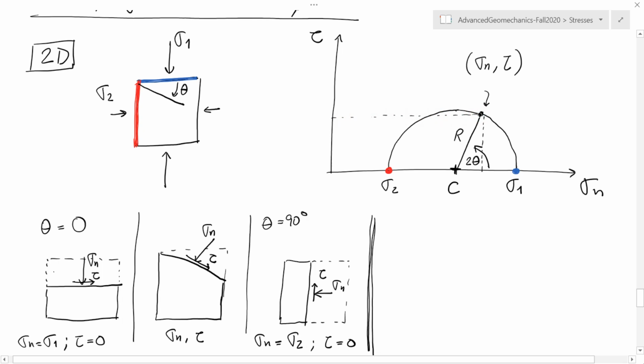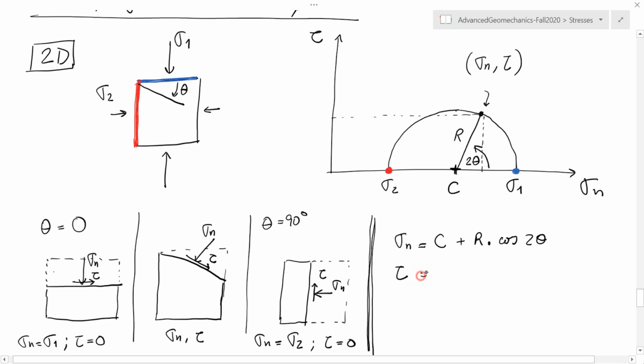And just from simple geometry, sigma n is going to be equal to the position of the center of the circle plus the radius times the cosine of 2 theta.